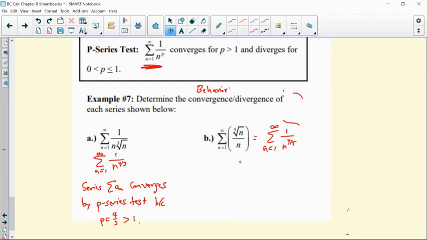So I could say my series a sub n diverges by the p-series test because your p-value is equal to 4/5, which is less than 1.